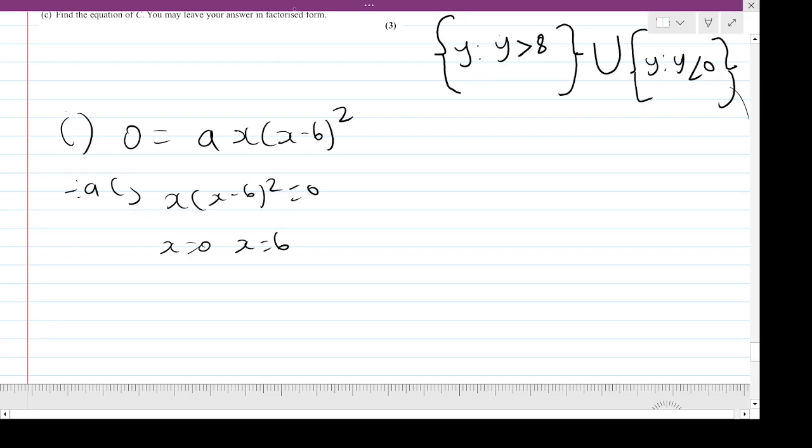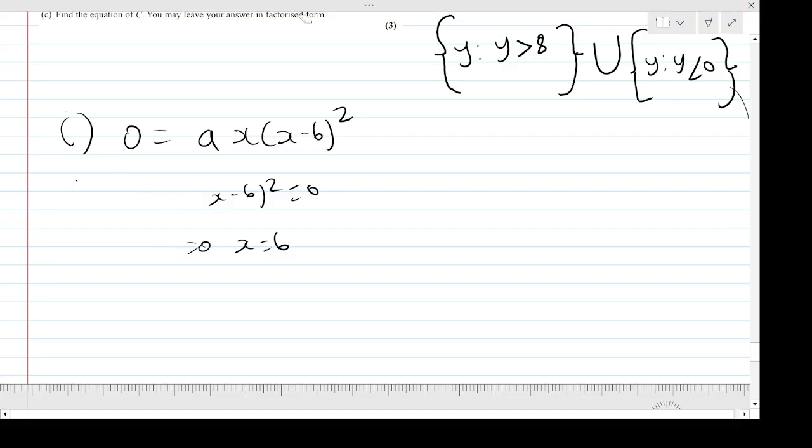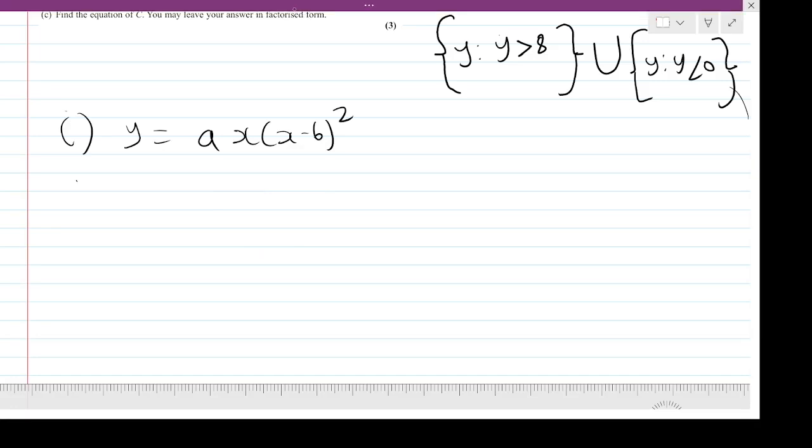Remember, we looked at examples like questions like this when we looked at the graph sketching chapter in chapter 4. But here we are. So there's going to be a factor a as well because of this. So y is equal to a x of x minus 6 squared. That is my equation. My mission now is to find the missing value a.